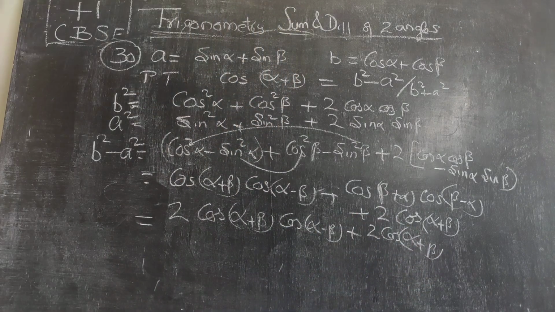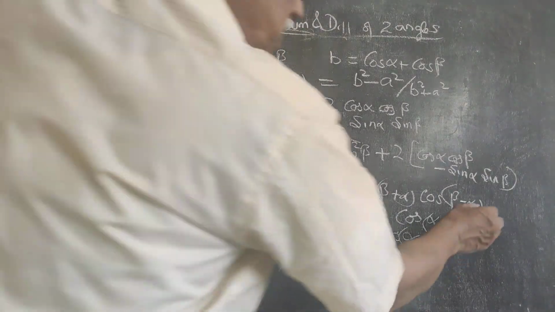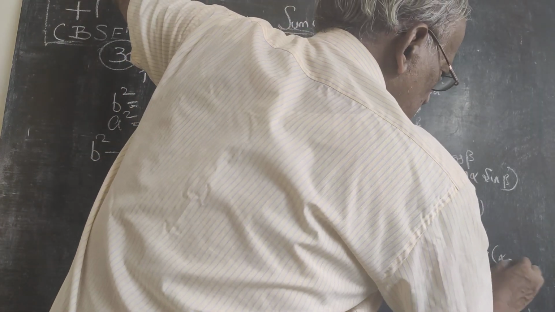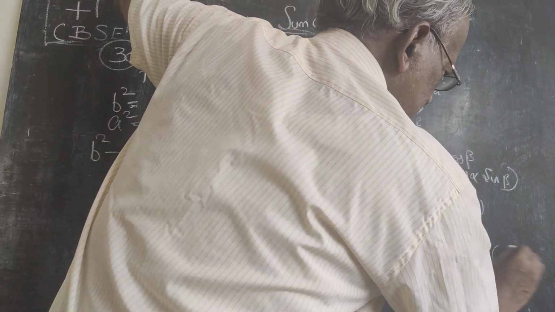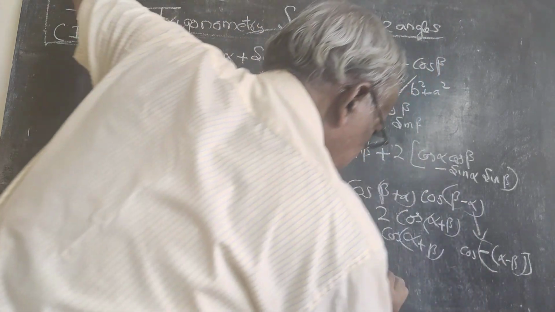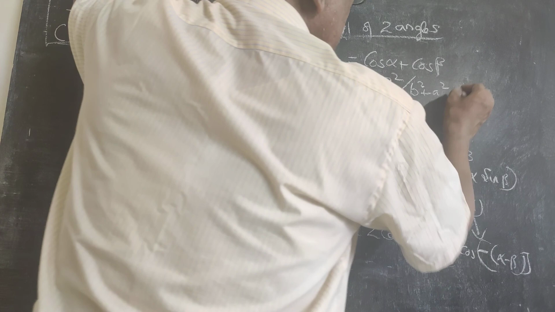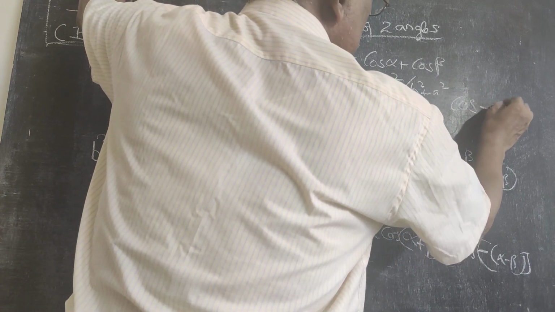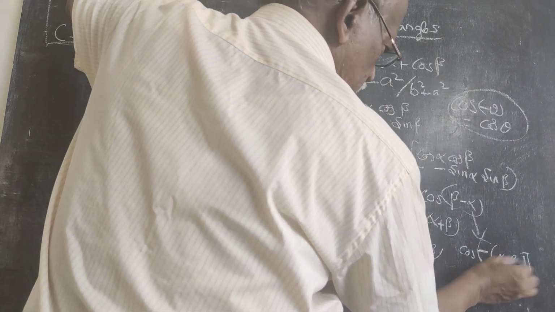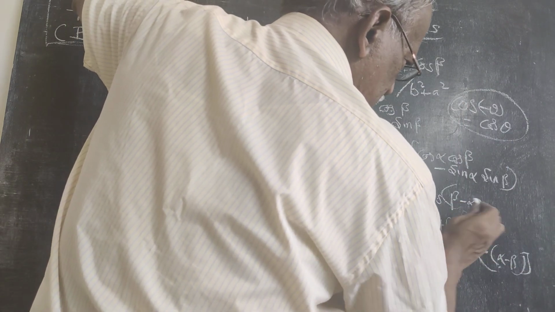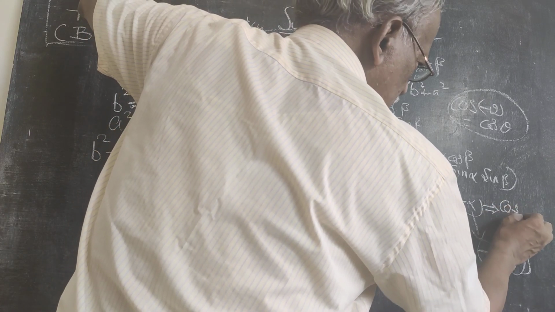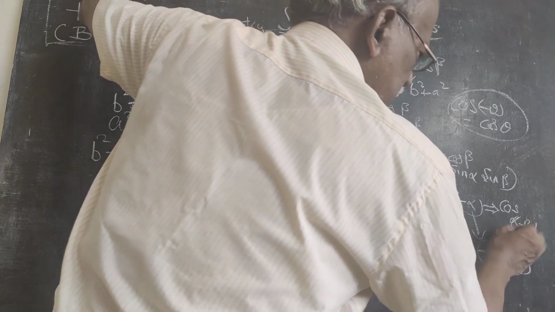Can I write like this? Here is beta minus alpha. This beta minus alpha you take minus, so it becomes minus of alpha minus beta. But we know that cos(-theta) is cos theta. Therefore, this can be written as simply cos(alpha-beta) instead of beta minus alpha.